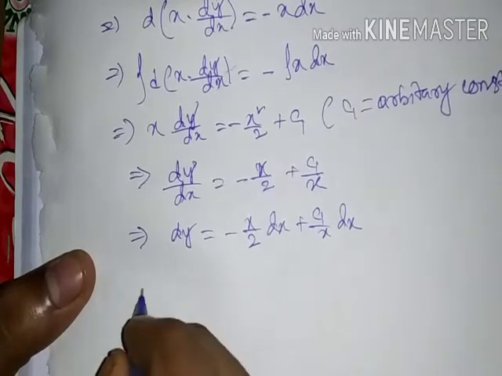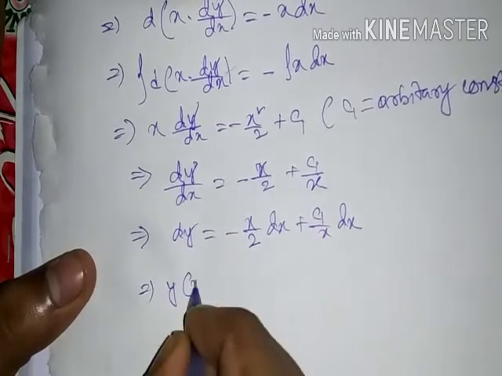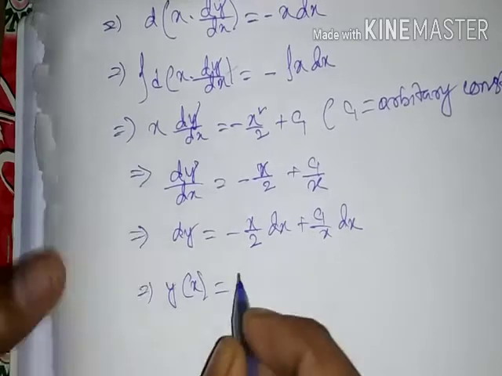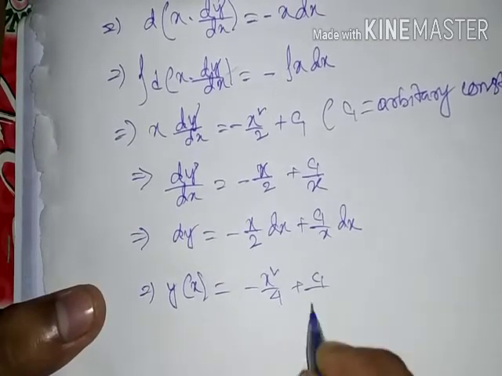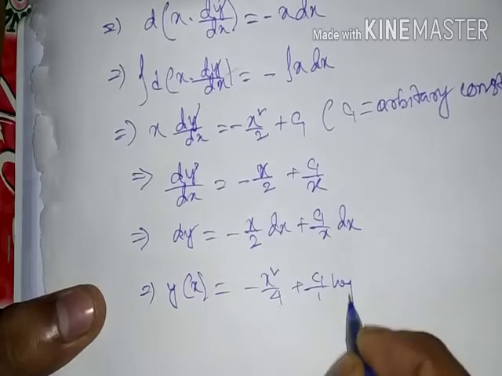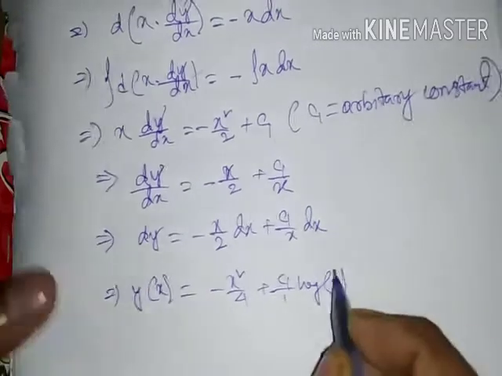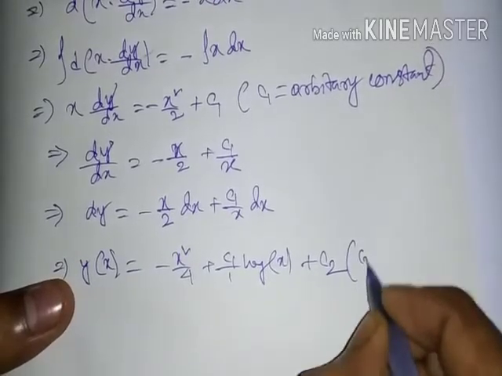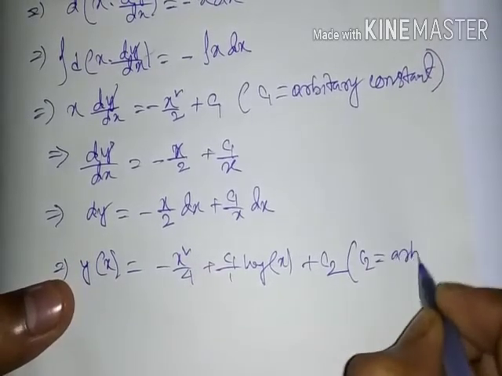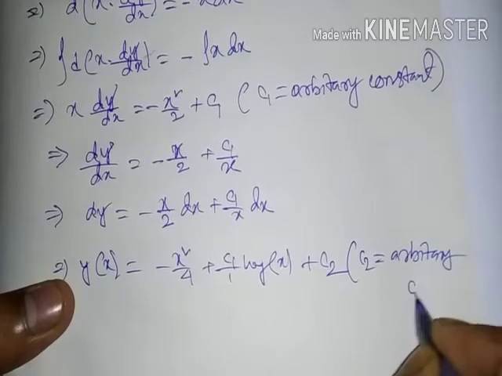Again we integrate. We get y(x) equal to minus x square by 4 plus c1 into log x plus c2, where c2 is an arbitrary constant.